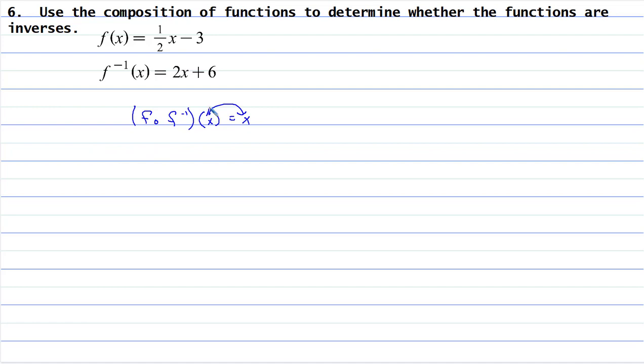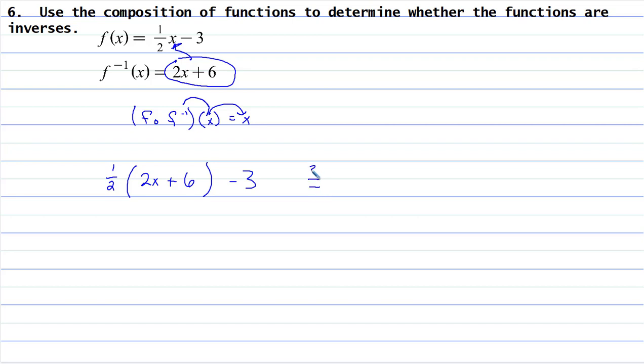So let's find, our original, we're going to put x in for f inverse. So that's already done. And then we're going to plug that into the input. So 1/2 times our input, which was 2x plus 6, minus 3.